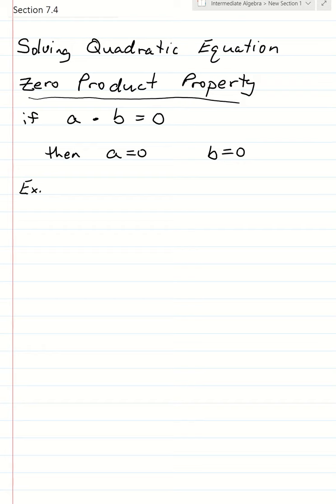let's say we have x times x minus 3 equal 0. And we want to solve for x. What we're going to do is we're going to set the first part, x, equal to 0, and then we're going to set the second part, x minus 3, also equal to 0.